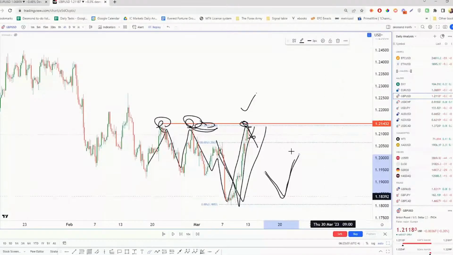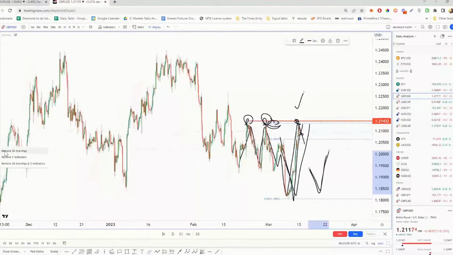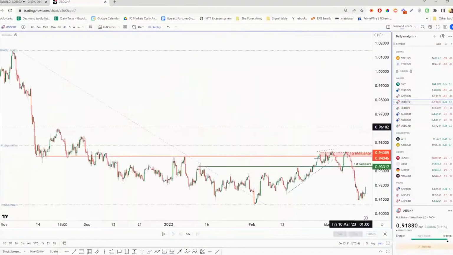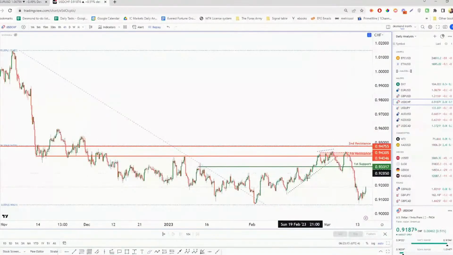Now, of course, you can combine it with different forms of Fibonacci. Let's try to see if I can find any over here. I'm trying to find one with a little bit of a Fibonacci projection too.